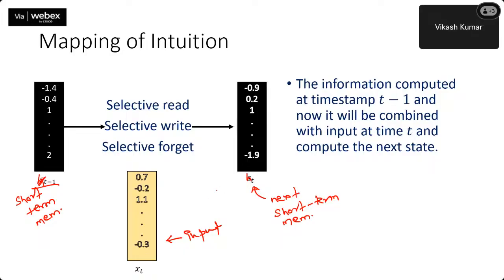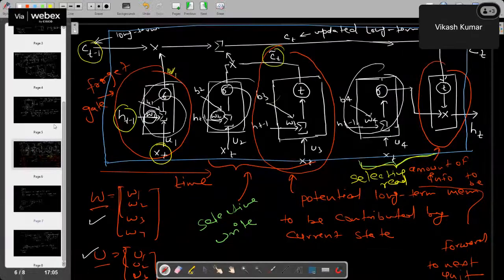Okay, now we have some input, and that input is nothing but a vector coming from a previous state. So this is what we can say. So here it is. Okay, just suppose we are talking about some next RNN unit.